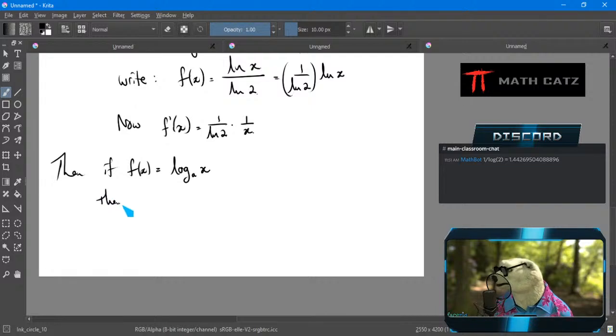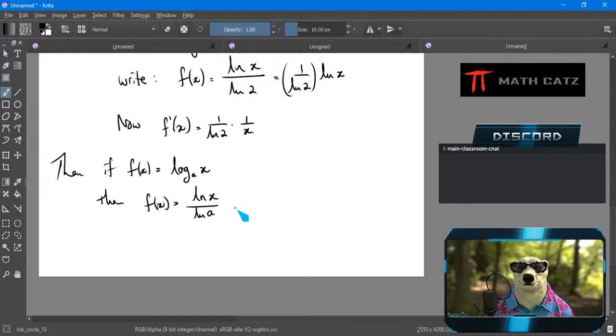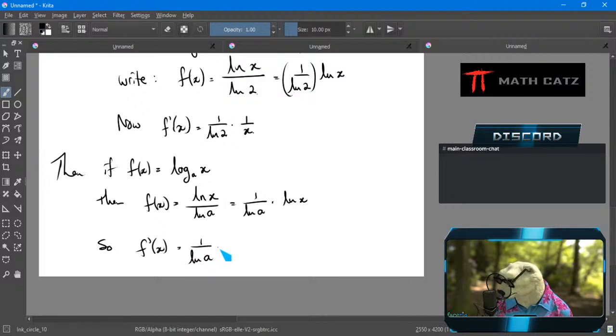I am just going to write the function with my change of base formula, realizing that it's just a number in the bottom. There's no quotient rule needed or anything here. It's constant times a function property. So the derivative is keeping that constant in front, derivative of the essence of the function, which is the natural log.